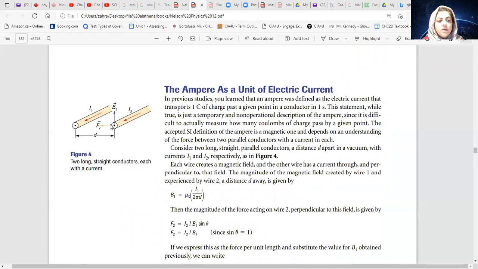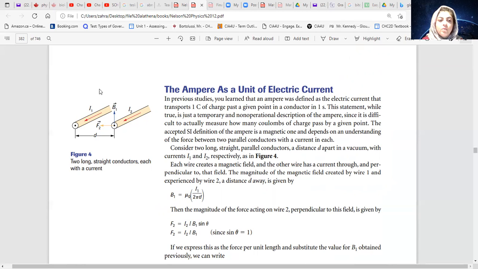If you have 2 wires, they will apply force on each other. How do we know? This wire will produce a magnetic field on another wire, right? When there's an external magnetic field and you have a moving charge, it will feel a force.